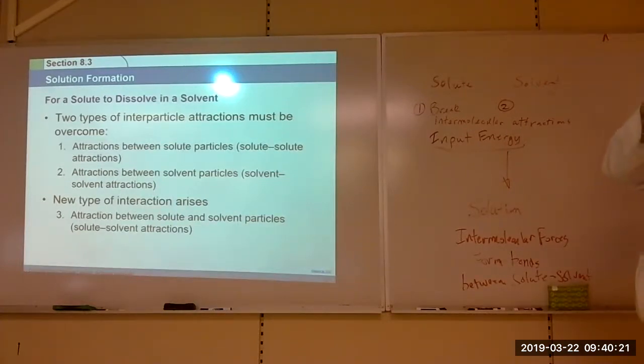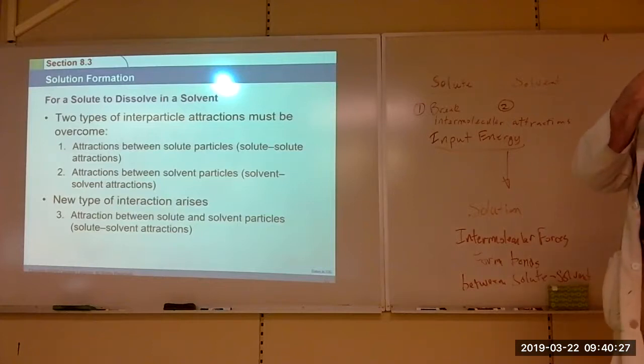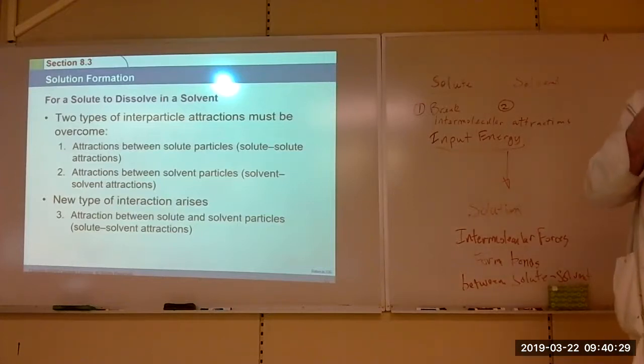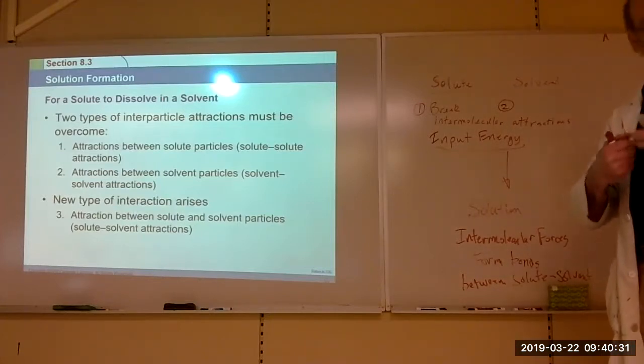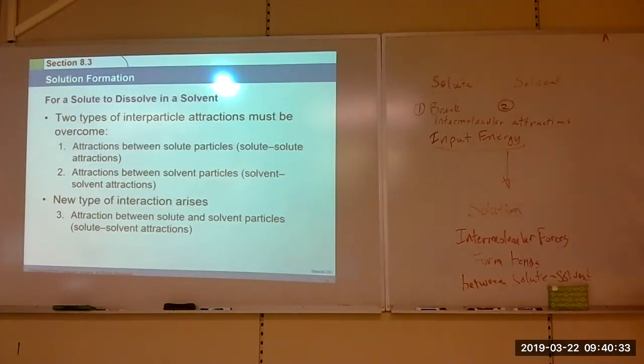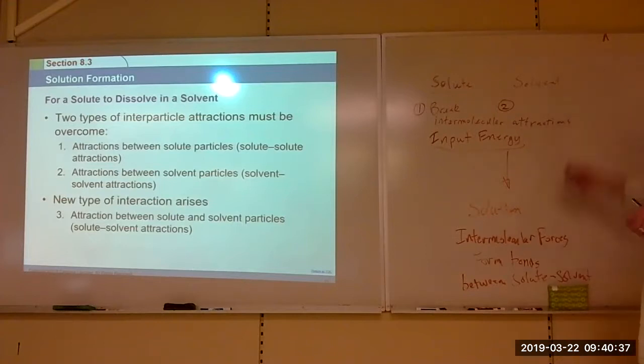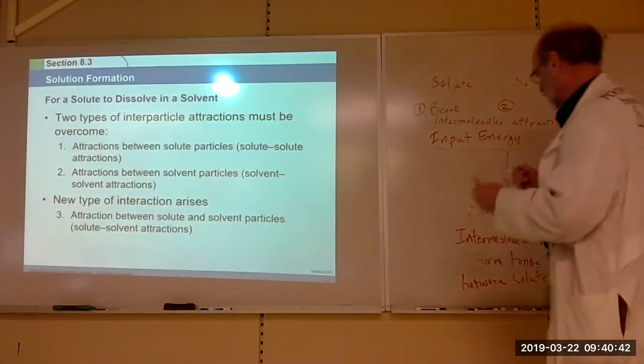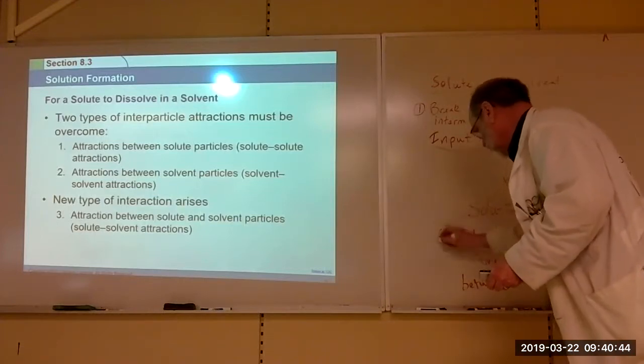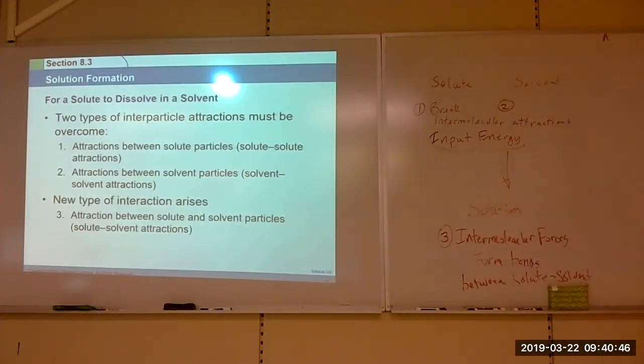Right? So if the energy level is high here and low here, where does that energy go? Well, it gives it up. Usually it's heat. So the reason I say that is you've got to put energy in here, energy goes in here, but you get some of it back in this step. This is the third step. When you form the bonds between solvent and solute, you get some of that energy back.